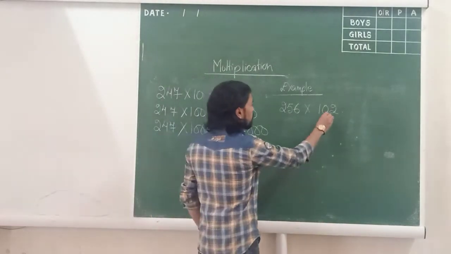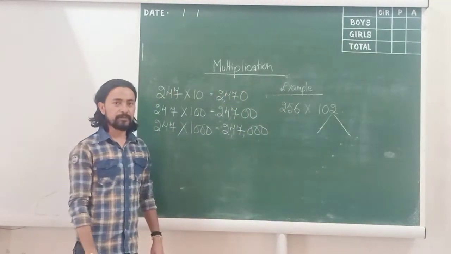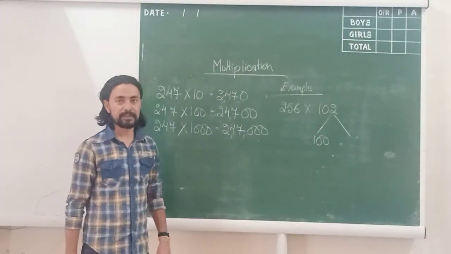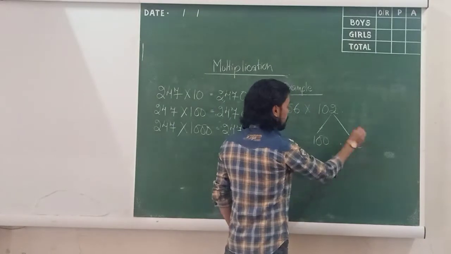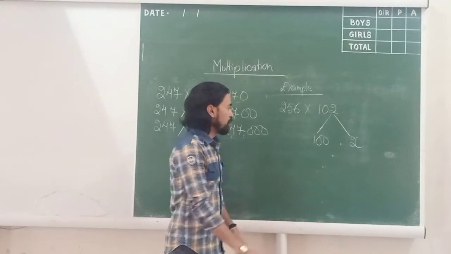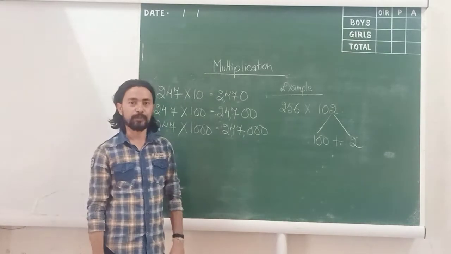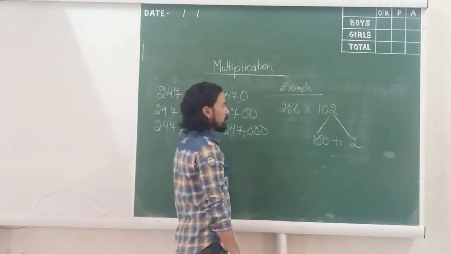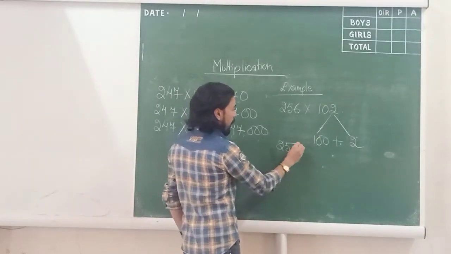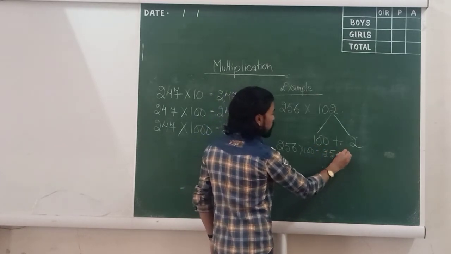How do I do that? What if I take 100 from the 102? What am I left with? I am left with 2. So 102 is split into two parts, 100 and 2, and when I add them, I get 102. Now I can directly multiply 256 by 100 and I will get 256 with 2 zeros.